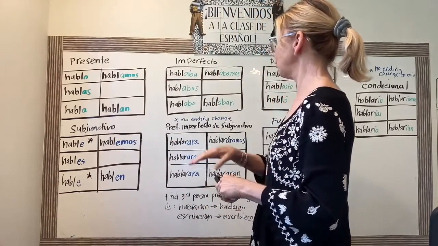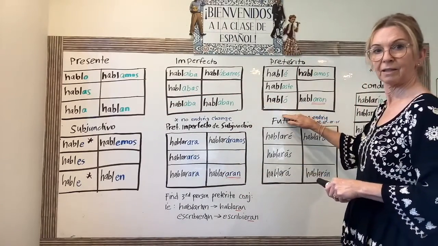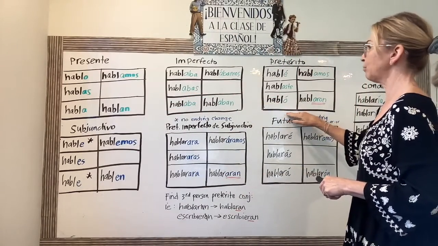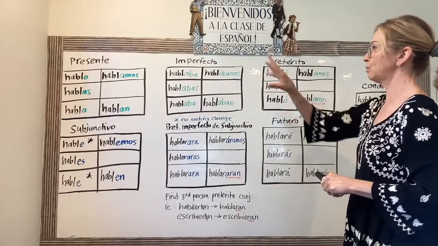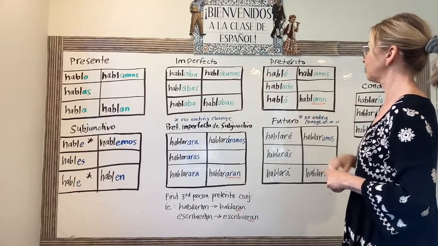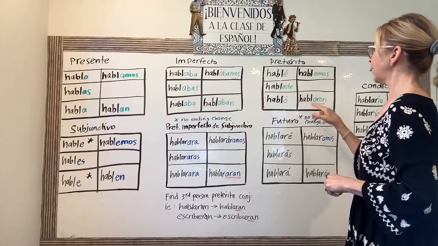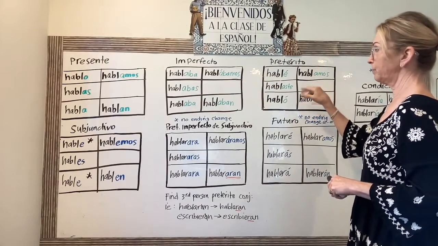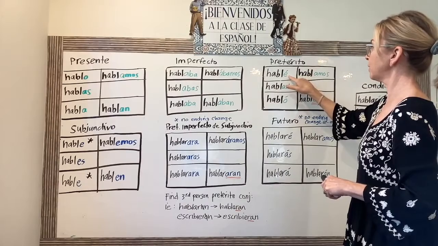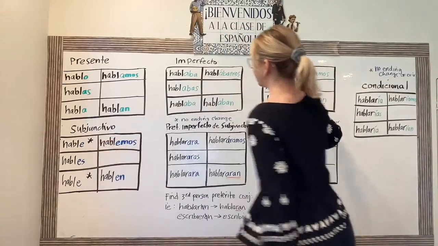Okay, let's move over here to the preterite tense. The reason I want to turn to the preterite tense is that after you learn the present and all the forms of the present tense, you move on to the preterite. Now for the preterite tense, it's weird also in that the yo form doesn't use the O, just like it doesn't use it in the subjunctive.